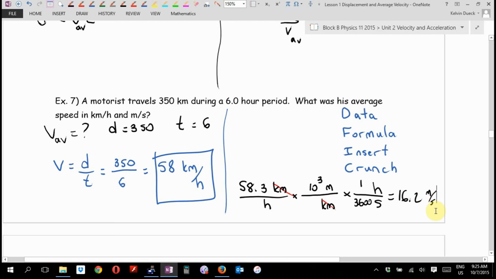So to go from kilometers per hour, you times by 1,000, and divide by 3,600, and that'll get you to meters per second.